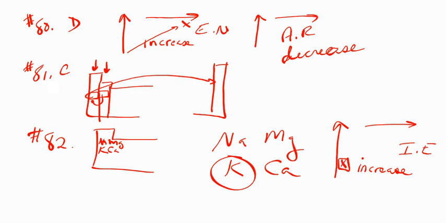83. Compared with the electronegativities of the elements on the left side of the period and the electronegativities on the right side of the same period, what's true? Let's see. The electronegativities is what? So we said if you go this way, we're on number 83. As you go across, it is going to increase.